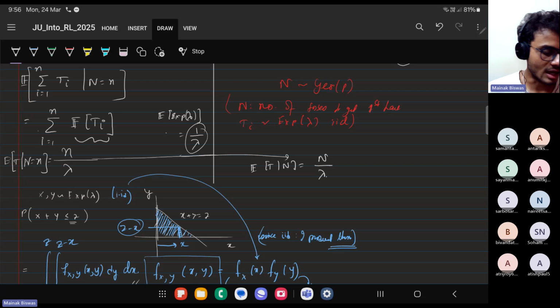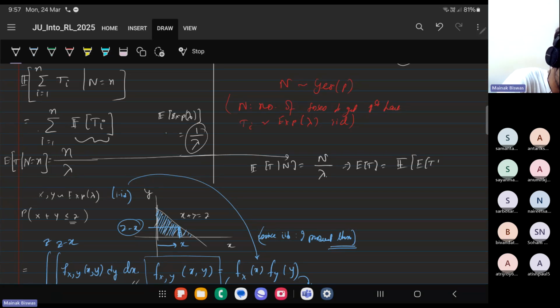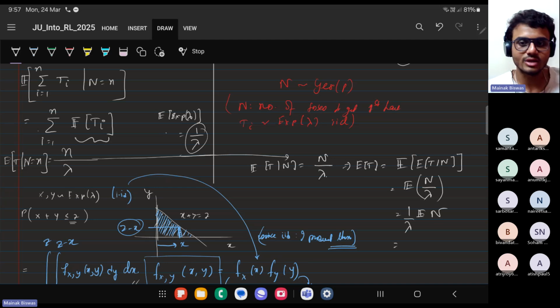Fine. So now I have to find the expected value of T. What can I do now? To find the expected value of T, I can just take the expectation of this function of N, which is the expected value of N by lambda. Lambda is a constant, so it is the expected value of N. What is the expected value of N for a geometric?